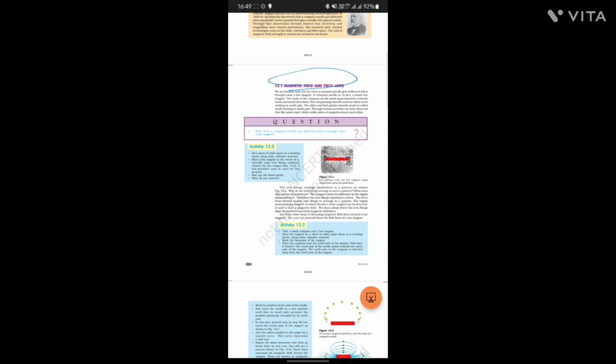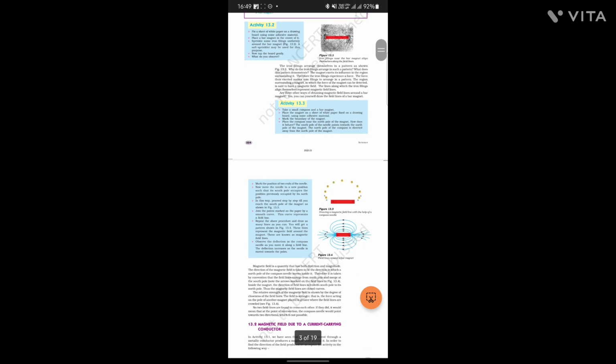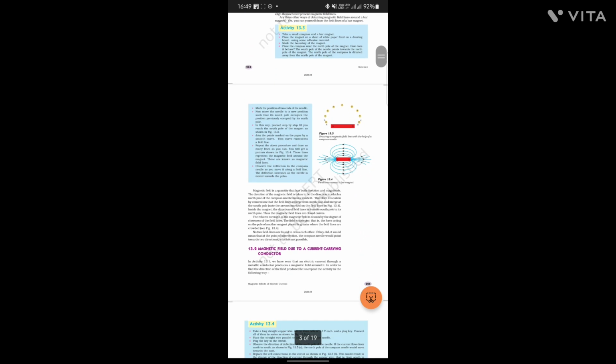What kind of question can come from this topic is that it can be like define magnetic field and what are magnetic field lines. Next, give the properties of magnetic field lines. So go through the properties of magnetic field lines very thoroughly.